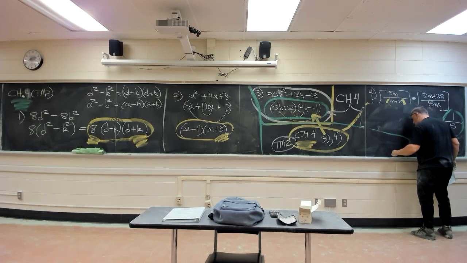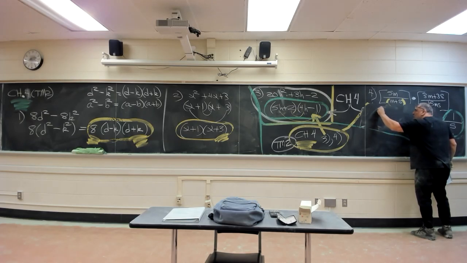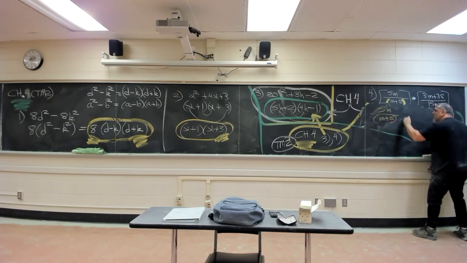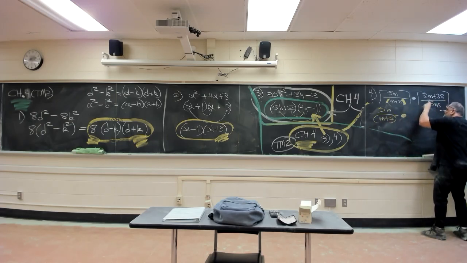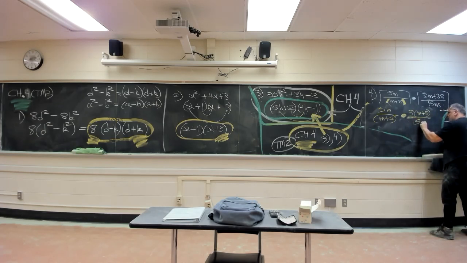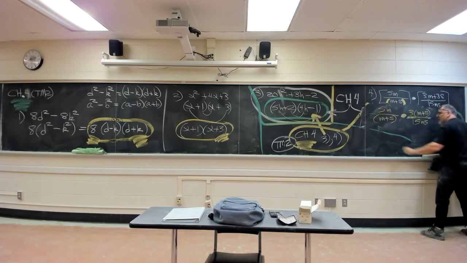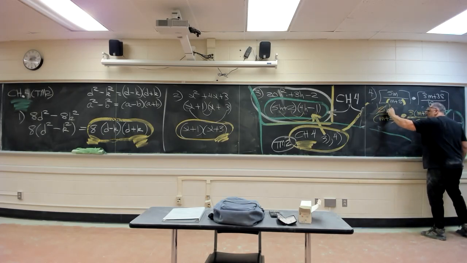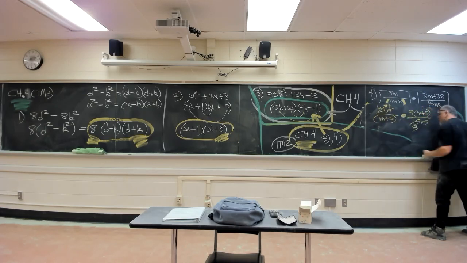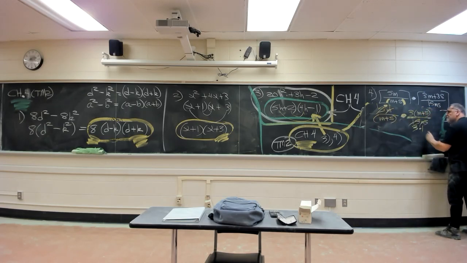This is 5m over the quantity m plus s. Pull a 3 out of here. This is 3 times the quantity m plus s. This is 15ms. The 5 into the 15 3 times. The m into the m 1 time.